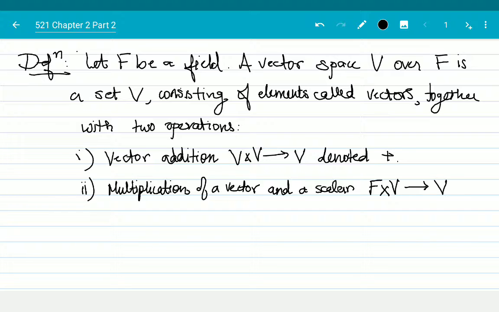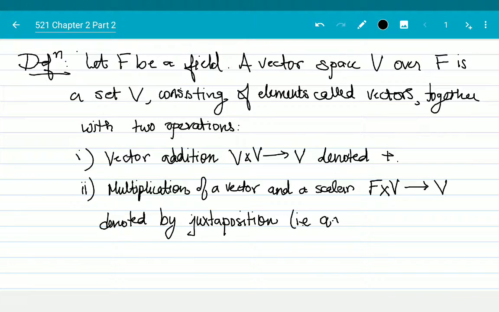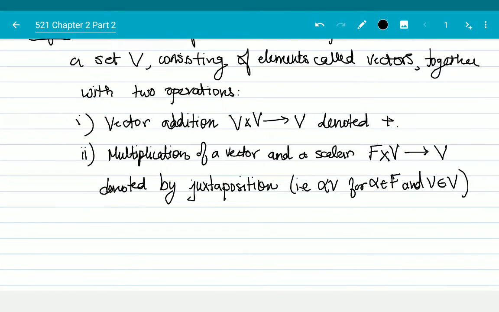denoted by generally juxtaposition, i.e. just alpha times V, alpha V, for alpha belonging to F and V belonging to V. We generally do not put a dot or a cross to denote this multiplication because both of these symbols have very specific meaning.